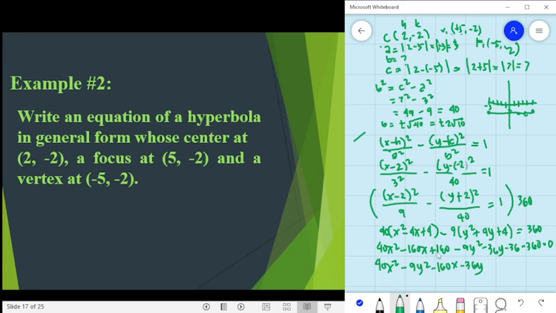And then combining 160 minus 36 minus 360: negative 360 plus 160 is negative 200, plus negative 36 is negative 236 equals 0. Okay, so any question?